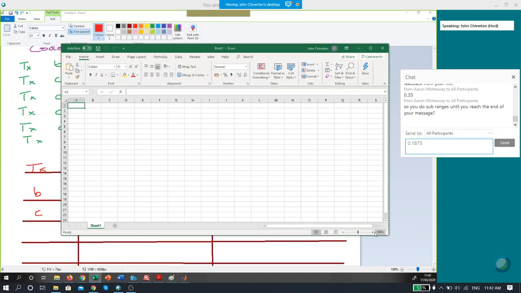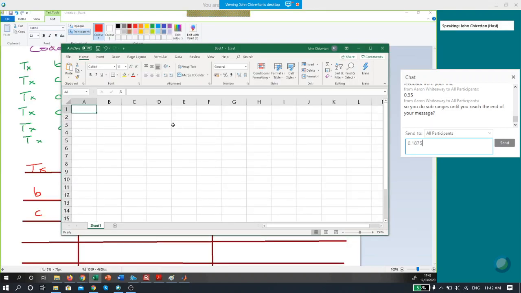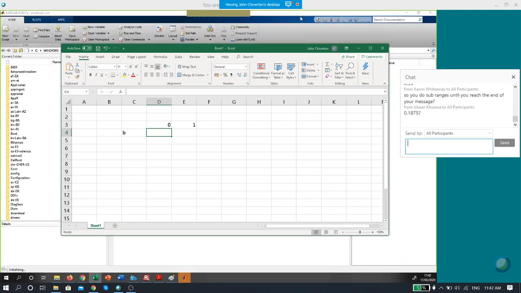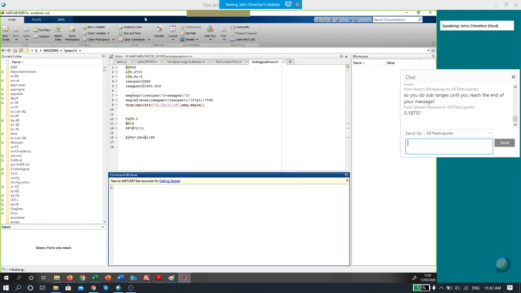So if we zoom in a bit, previously we had 0, and previously we had 1. Okay, so for B, MATLAB starting as well. Hooray!